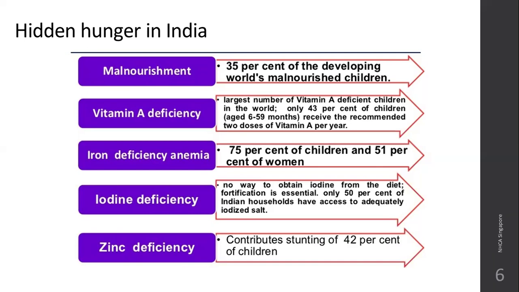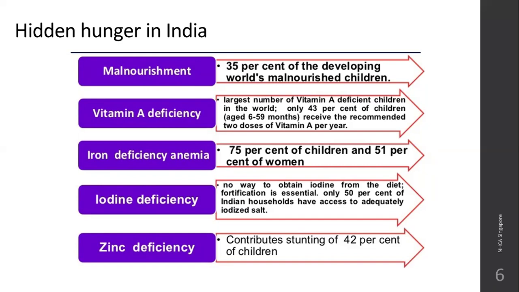When it comes to iron deficiency, 75% of children are already deficient in iron, and 51% of women in India are iron deficient, that is, anemic. Iodine deficiency: the goiter belt or iodine deficiency belt in India covers the hilly regions.